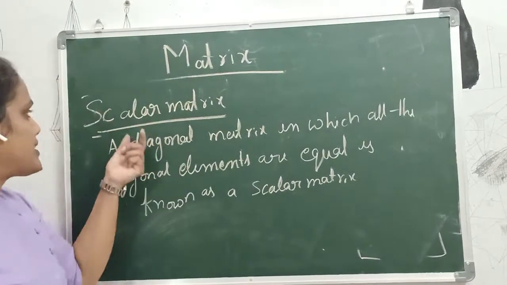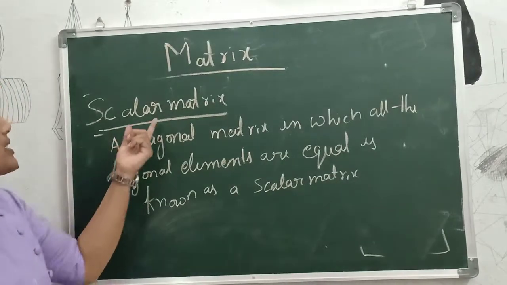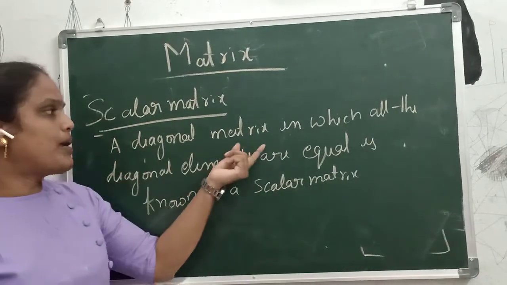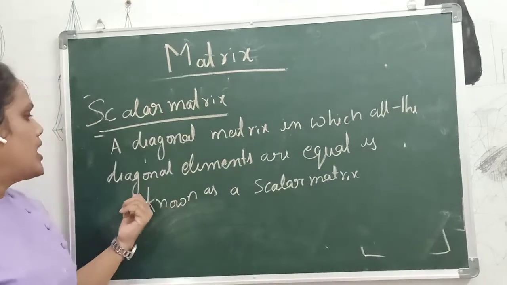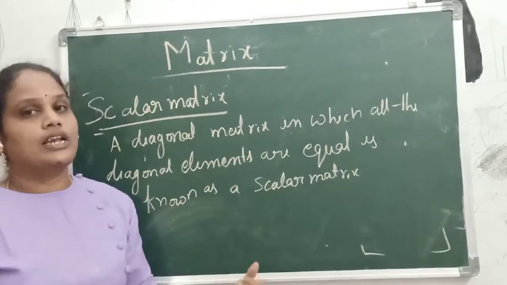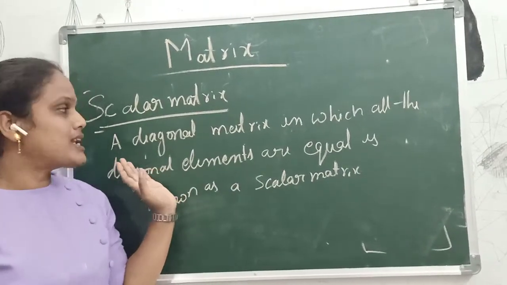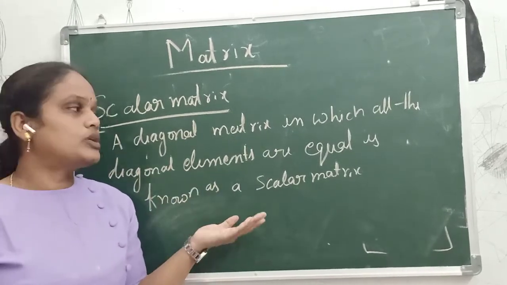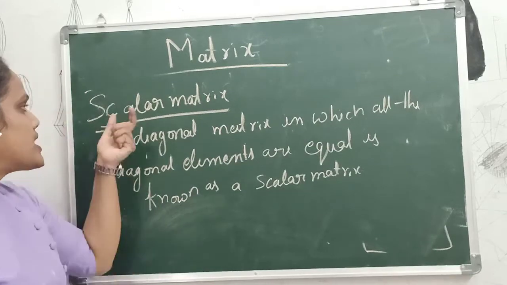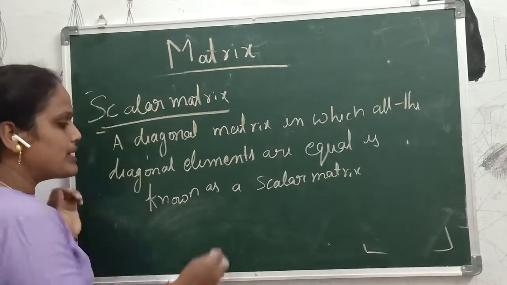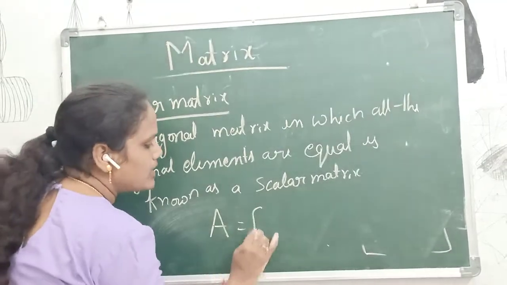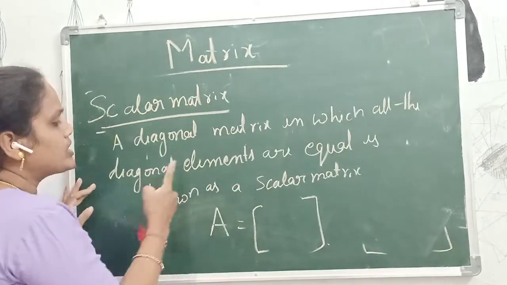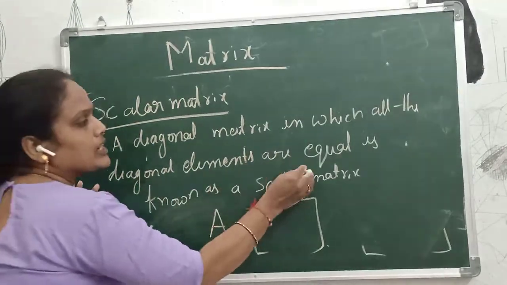Next type of matrix is the scalar matrix. A scalar matrix means a diagonal matrix in which all the diagonal elements are equal. Previously we learned that a diagonal matrix has only diagonal elements, and the remaining elements are 0. A scalar matrix has diagonal elements only, in which all the diagonal elements are equal.